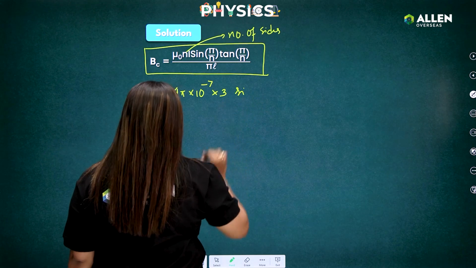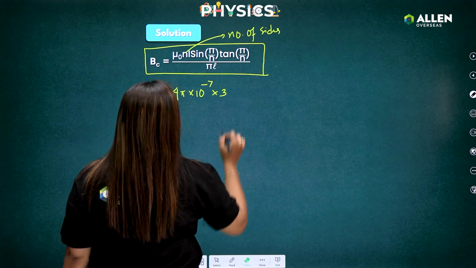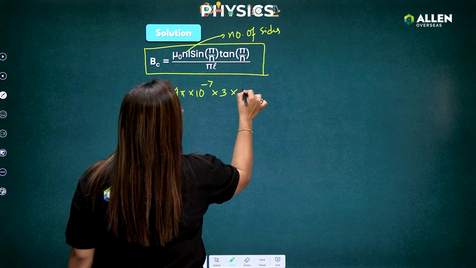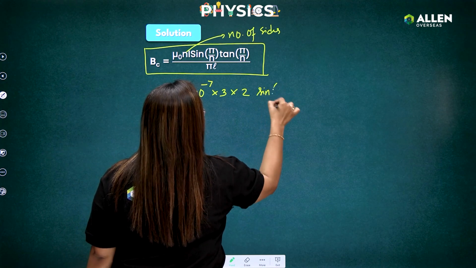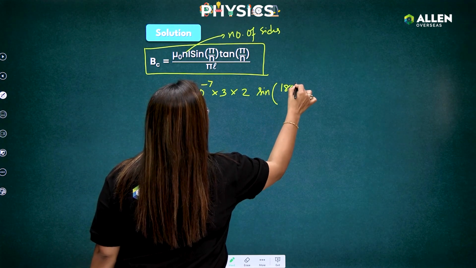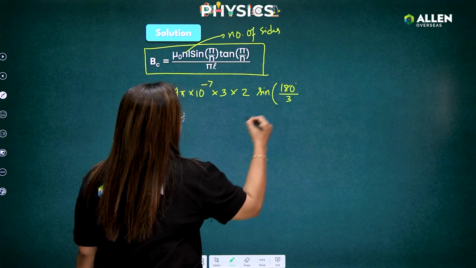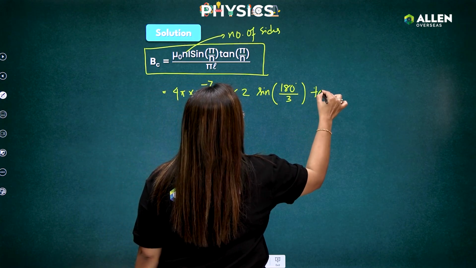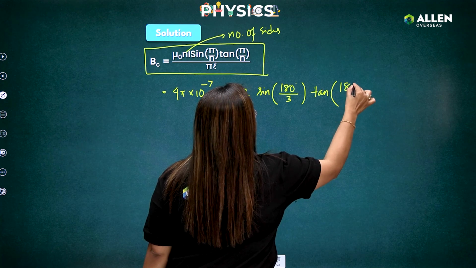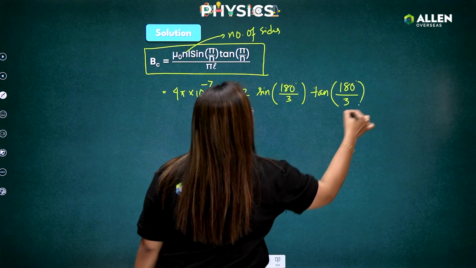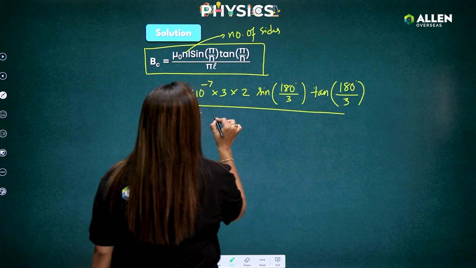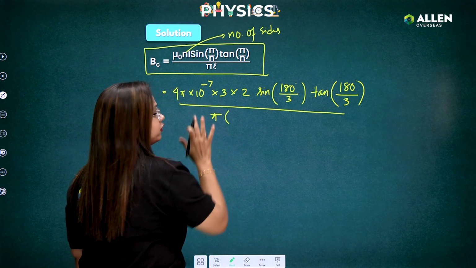Sine multiplied with current. Current is 2 ampere. Sine pi by n, pi is 180 degrees, divided by the number of sides, that is 3, multiplied with tan 180 divided by 3, divided by pi times the length of each side.